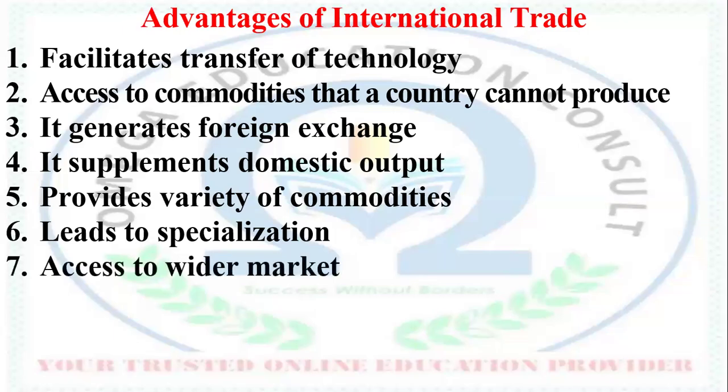International trade also has the benefit of giving wider markets to various locally produced goods and services. This means that the local produce will have access to other markets in other countries. So our locally produced cocoa, furniture, vegetables, palm oil, and so on and so forth, other countries will allow our products to be sold in their countries.